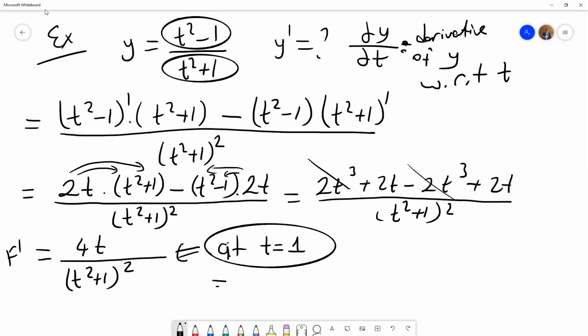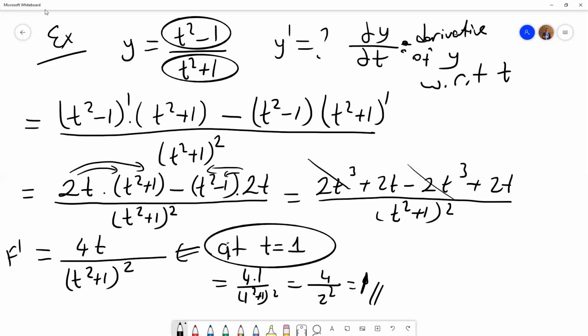So we can find it like that: 4 over 1 squared plus 1 squared, that is 4 over 2 squared, and it is 1. Yeah, it is easy for the slope and tangent questions also.